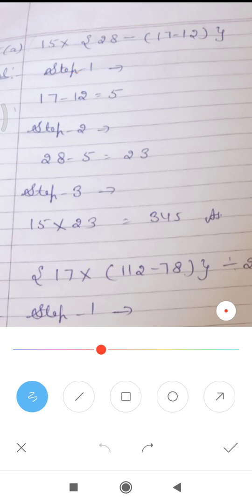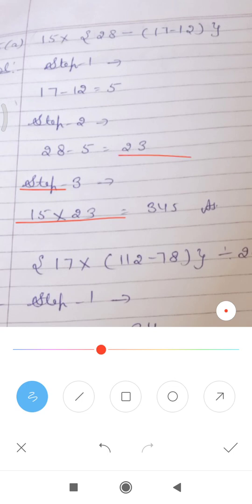Then in step 2, see, 28 is given in the curly bracket, minus. Now what is the answer of 17 minus 12? 5, right? So 28 minus 5 is equal to 23. Now in step 3, 15 multiplied by, what was the answer of step 2? 23. So 15 multiplied by 23 is equal to 345, which will be the answer.